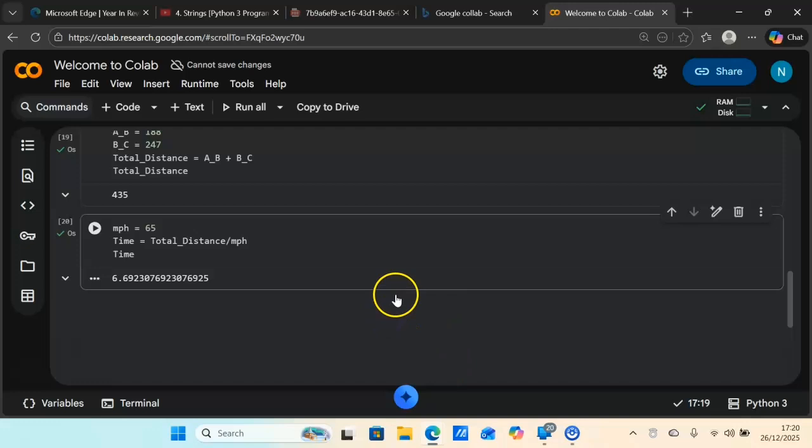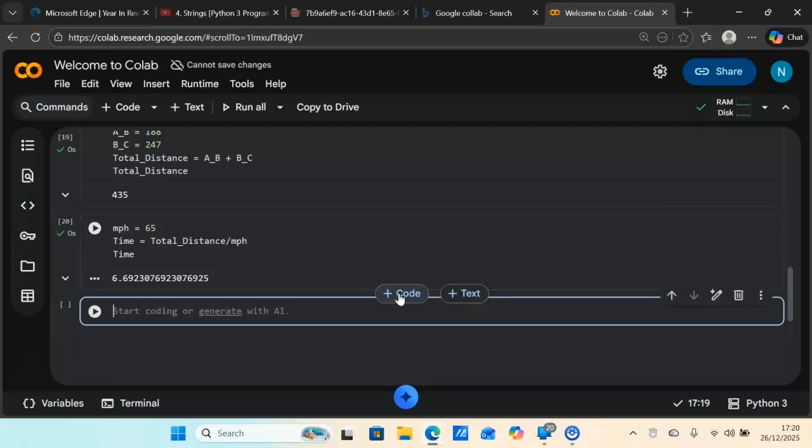So moving on, let's say you do not want your answer to be in this long format. Let's say you want to round up your answer to 2 decimal places.